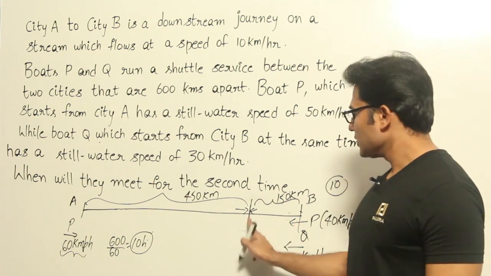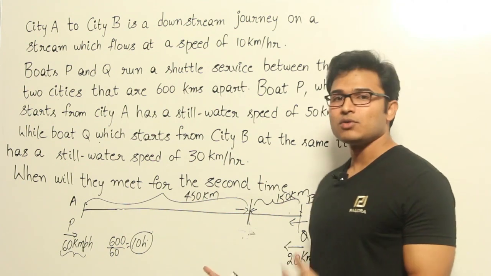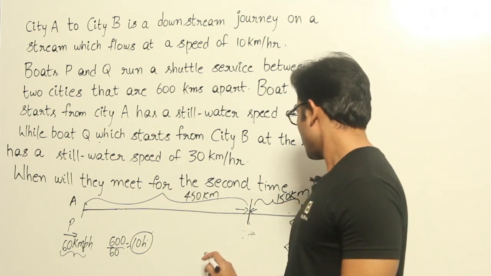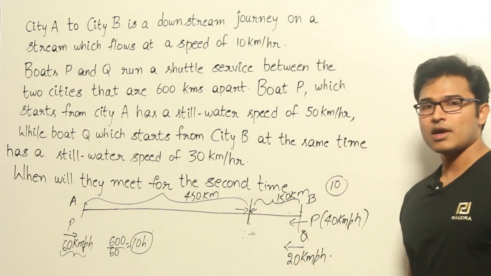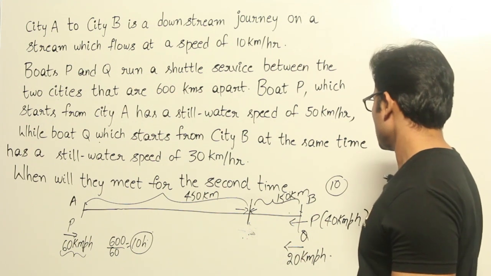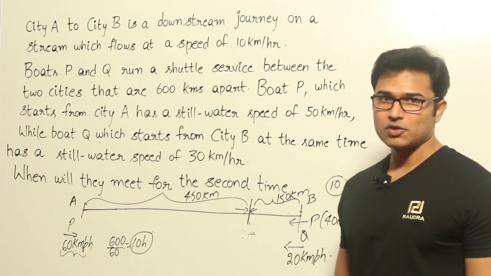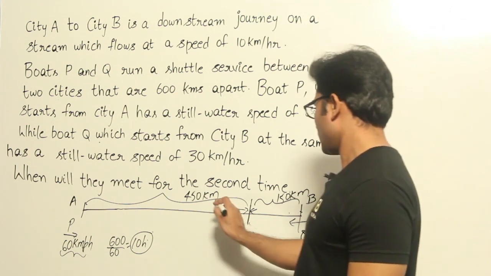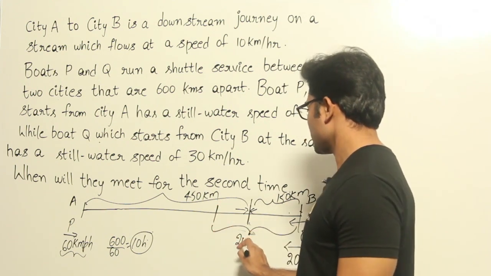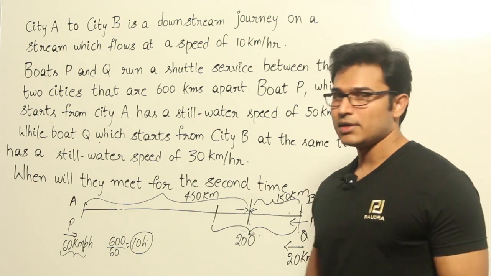Now how many more hours did we let it run from the first point of meeting? 2.5 hours. Now in these 2.5 hours, what would have happened to Q? Q might have traveled, with a speed of 20 kilometers per hour, for 2.5 hours, which is 50 more kilometers, right? Therefore it would have traveled a total distance of 200 kilometers, right? Now understand it.